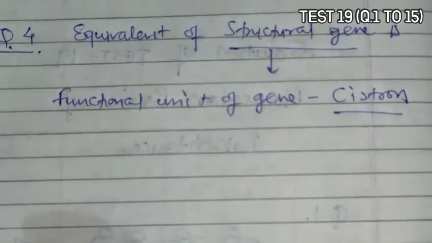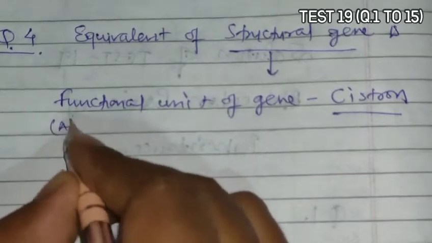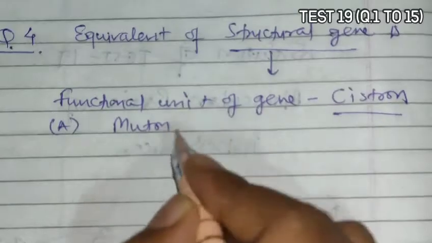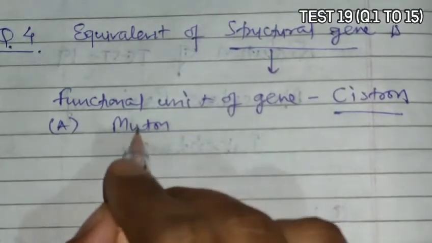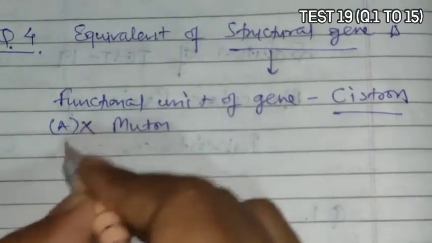So it has information for the specific polypeptide. Now option A is given as muton, and muton is nothing but a unit or segment of DNA where mutation occurs. So it is not a structural part.